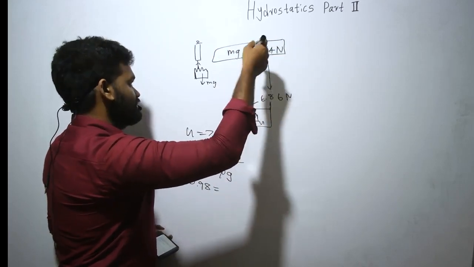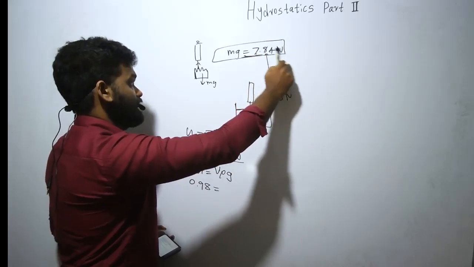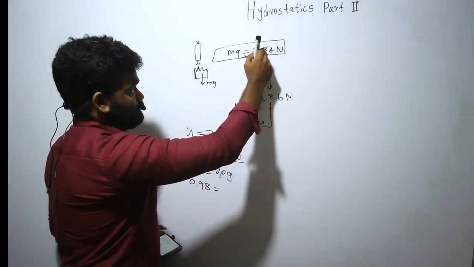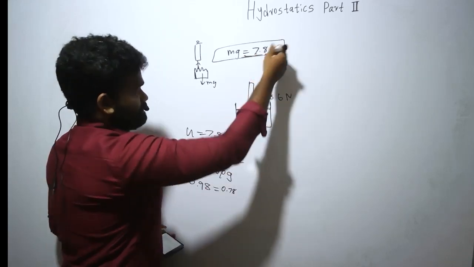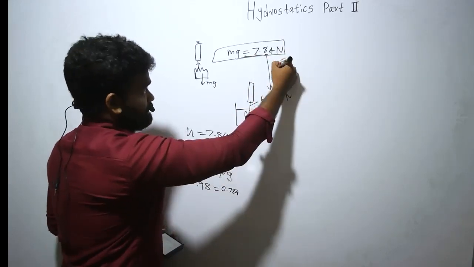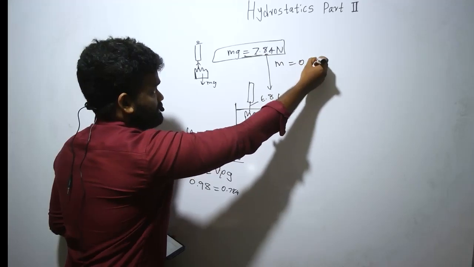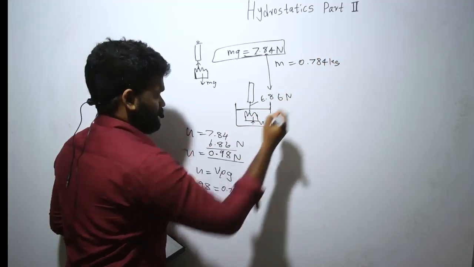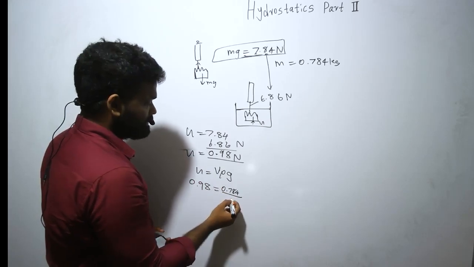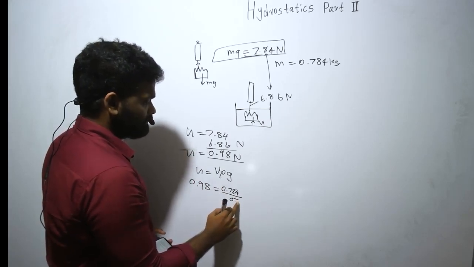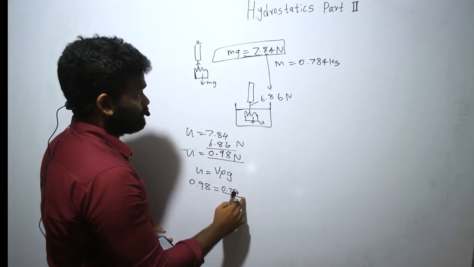So the mass of the crown, this is the real weight, I mean, real weight means just regarding the mass. So the mass should be 0.784 kilogram, just divide by 10. So mass divided by density of the crown material, times rho.